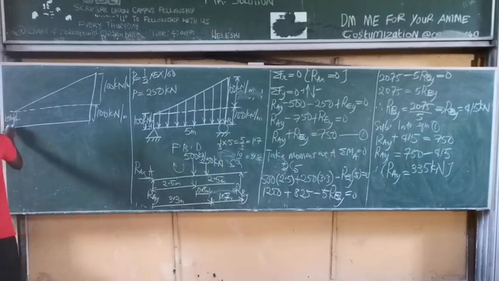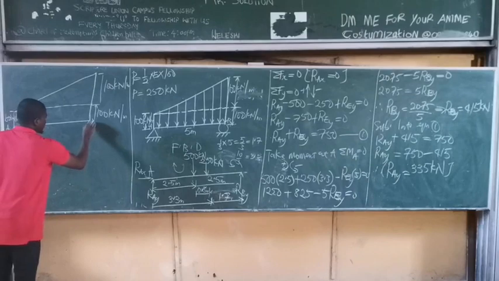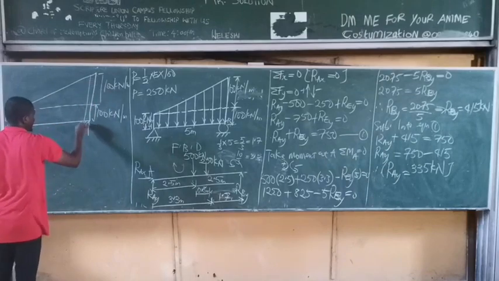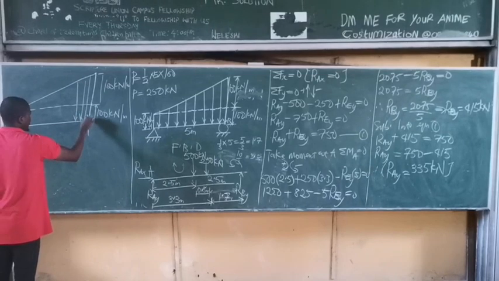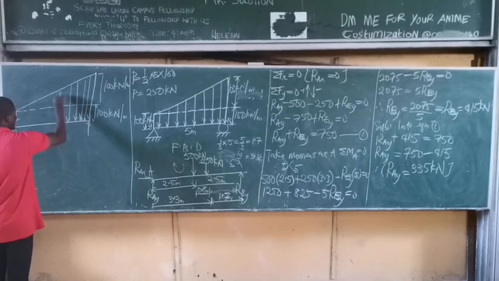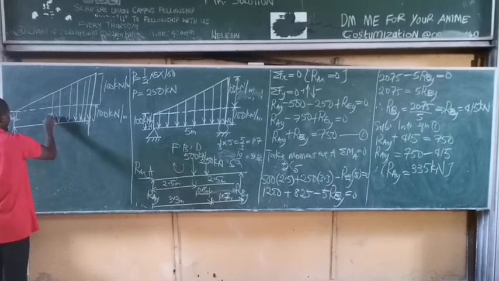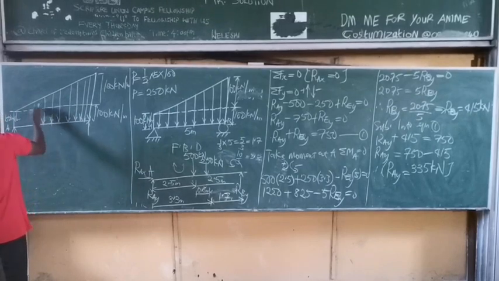We know the reaction at point A now. We know the reaction at point B as well. Please remind me these reactions. What's RA again? 335.